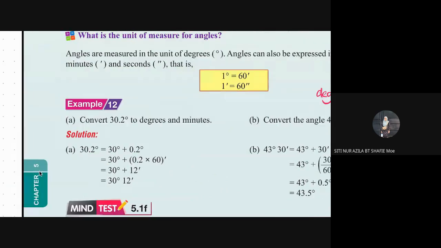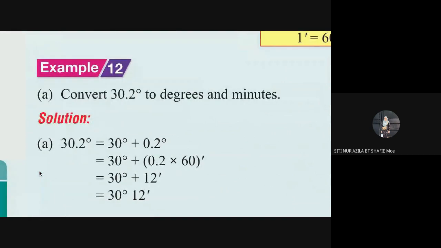In manual calculation, to convert from degree to degrees and minutes, you are going to separate the decimal and number first. We have 30.2 degrees. If you separate number and decimal, you have 30 degree and 0.2 degree. So write it down as 30 degree plus 0.2 degree.